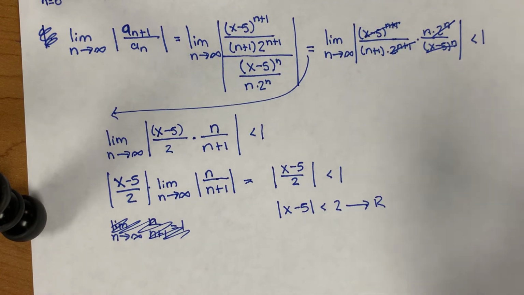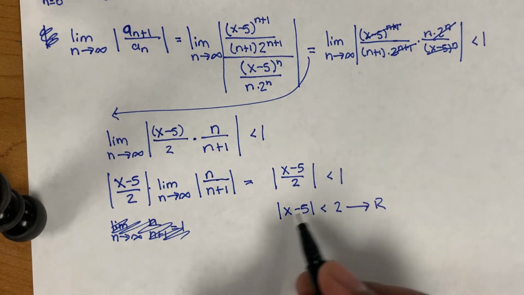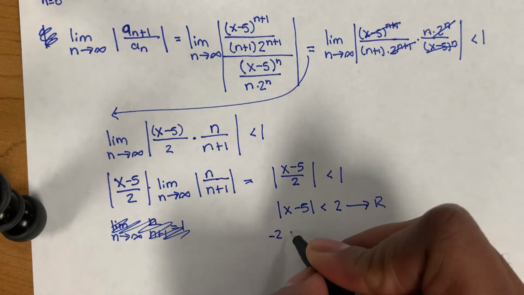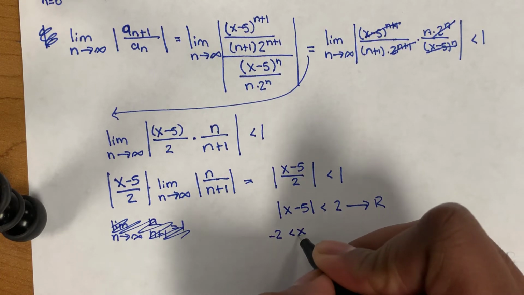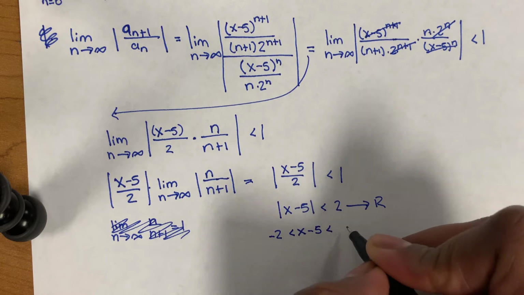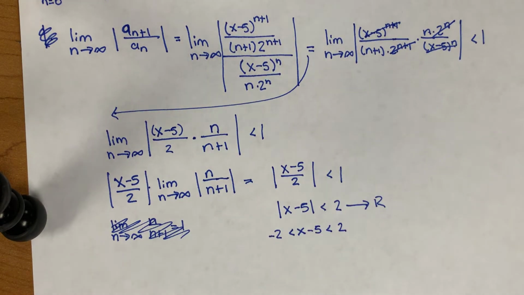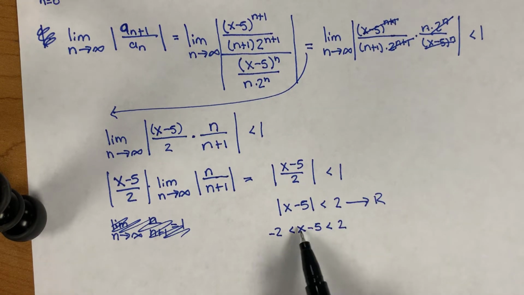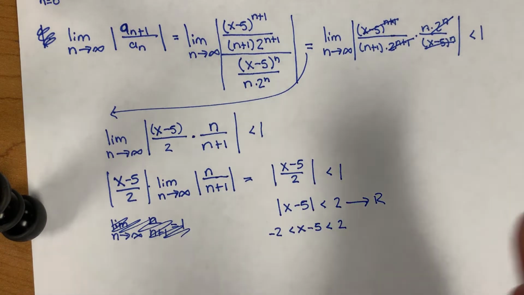If we go back to Algebra 1 and even Algebra 2 and trig, we know that for an absolute value inequality, we're going to have -2 is less than x minus 5, which is less than 2. That's what it means for x minus 5 in absolute value to be less than 2: x minus 5 needs to be between -2 and +2.